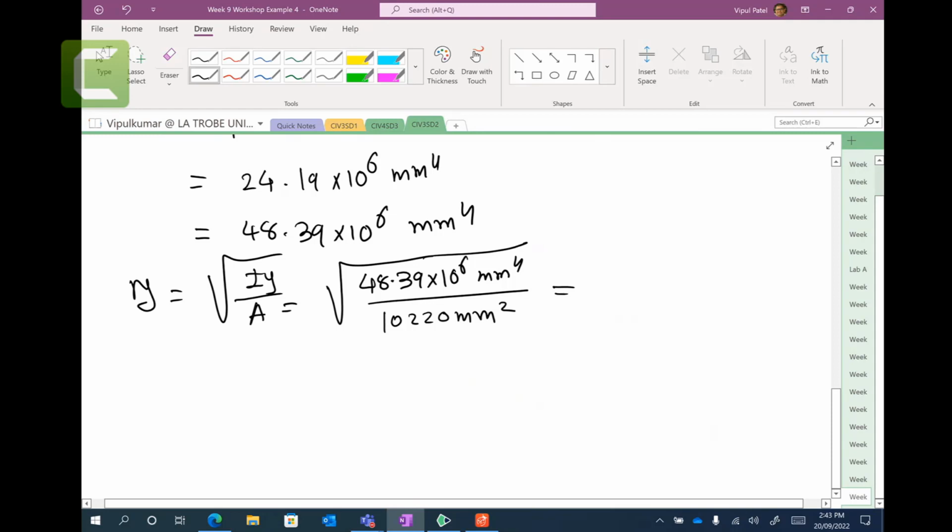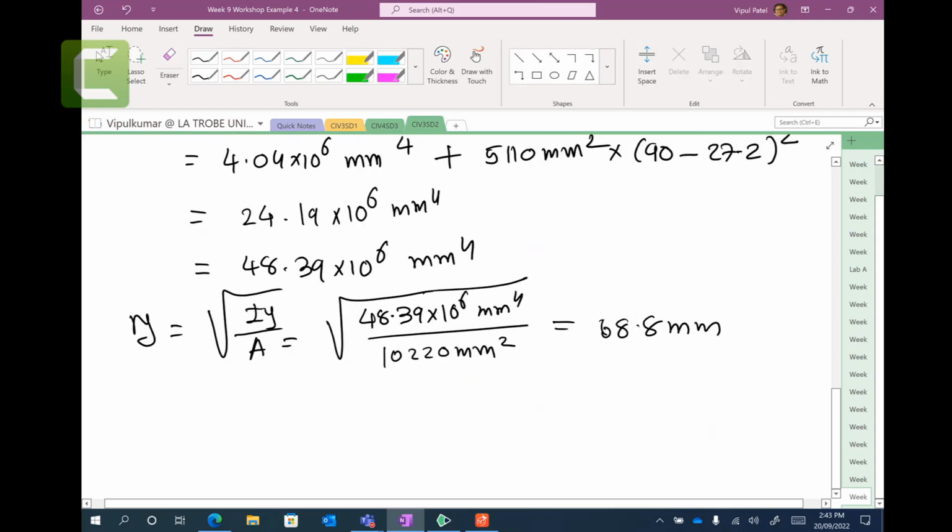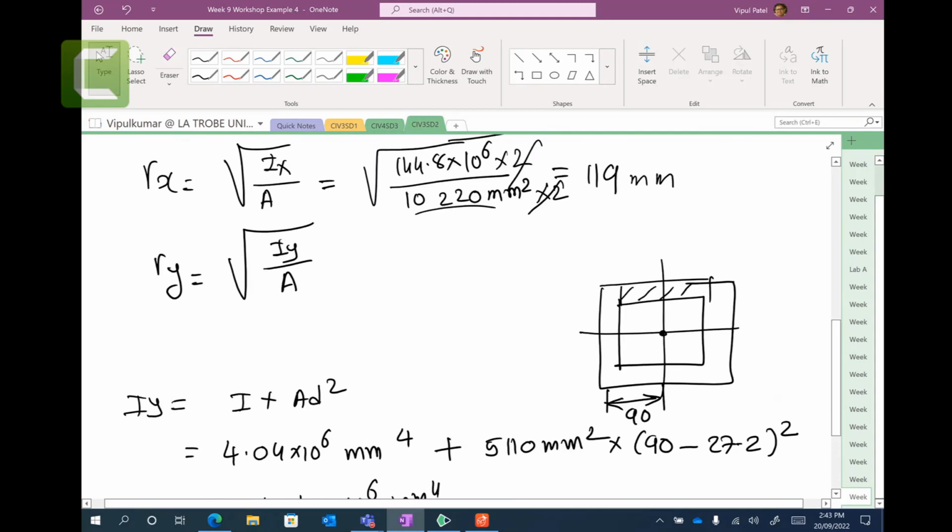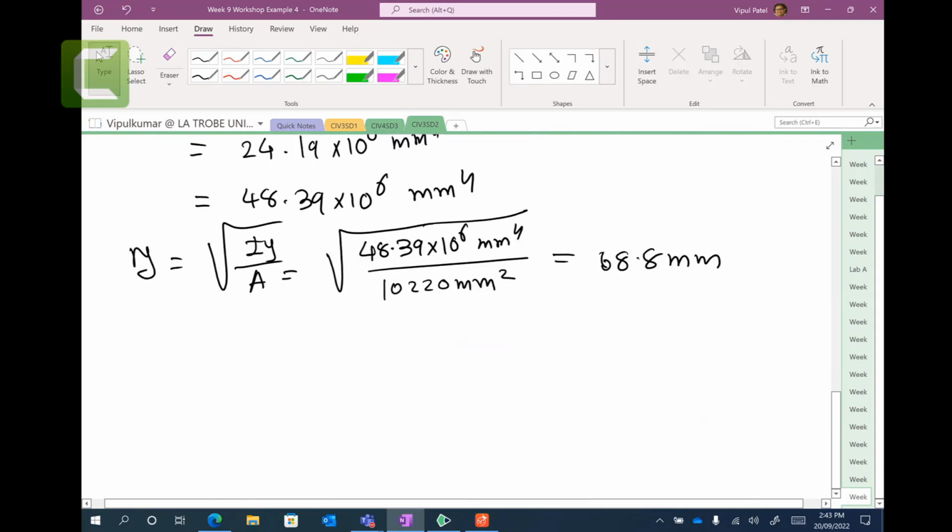You get the Ry value of 68.8 millimeters. Same length. Who is the winner? 119 is smaller. We're going to take R equal to Ry 68.8 millimeters, right?